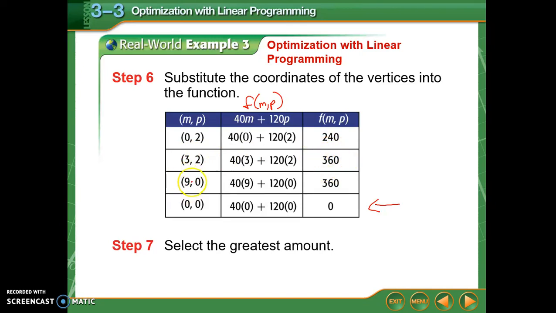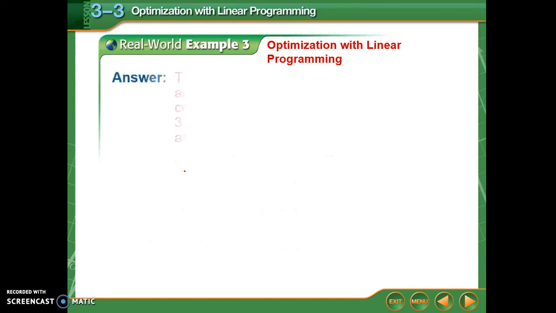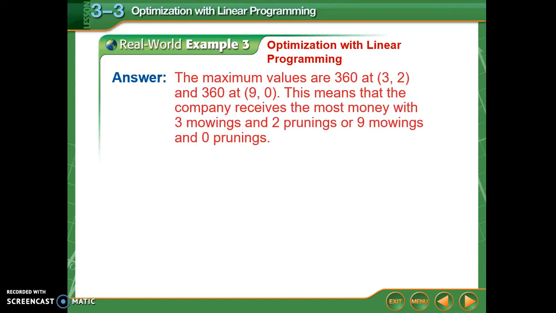Or if I mow 9 lawns and do no shrubbery, I would make $360. So there are 2 ways for me to make a maximum income: either mow 3 and prune 2, or mow 9. And my maximum income that I could make would be $360.